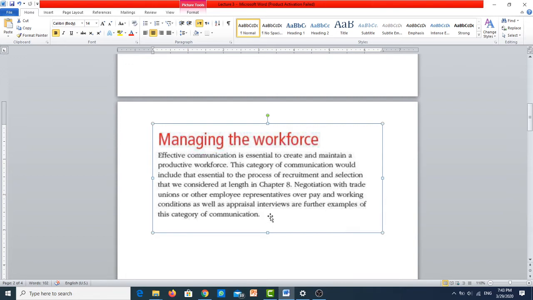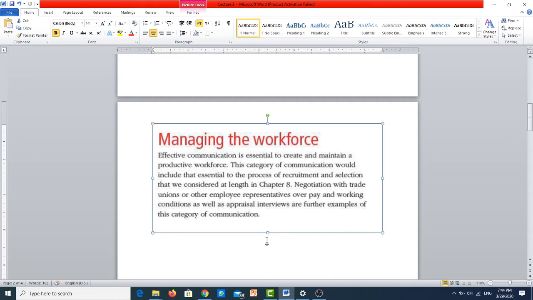And if you talk about the workforce externally, different people also engage with you, like the trade unions and other employee representatives who work with you to support you, and they also negotiate with workers on the pay system and working conditions. So all the process has been done through different criteria like interviews.